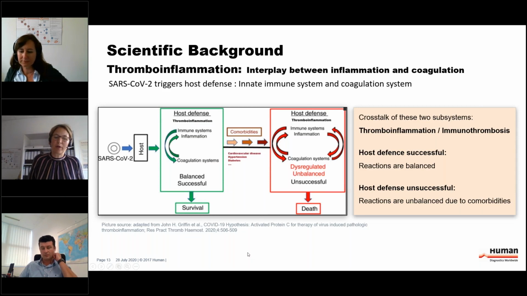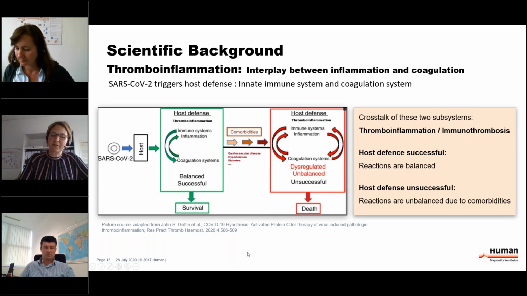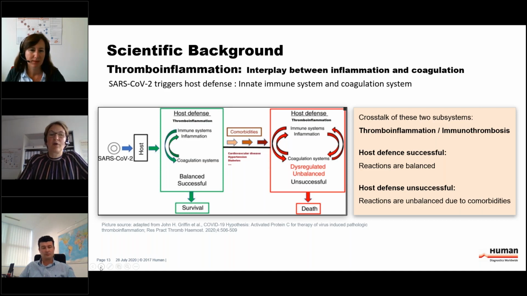How important the regulation of the host defense system is, is summarized in this figure. The host defense systems are the immune system, inflammation processes, and the coagulation system. SARS-CoV-2 triggers the host defense systems, which activate each other to attack and help neutralize the virus.